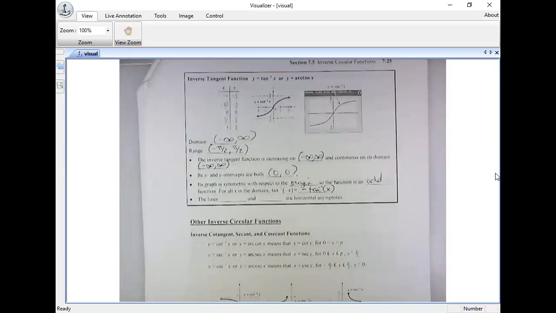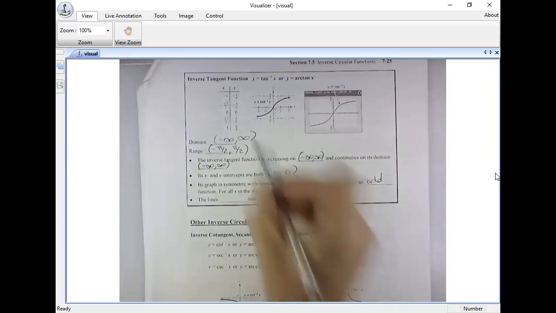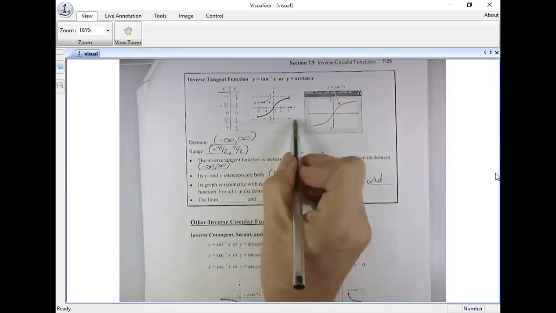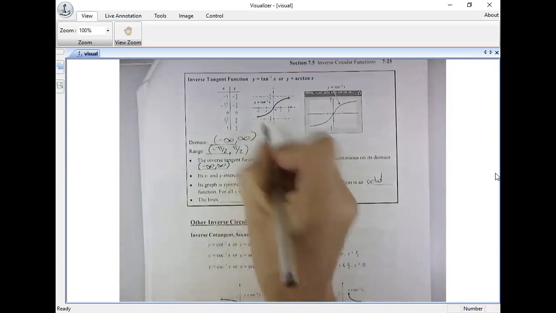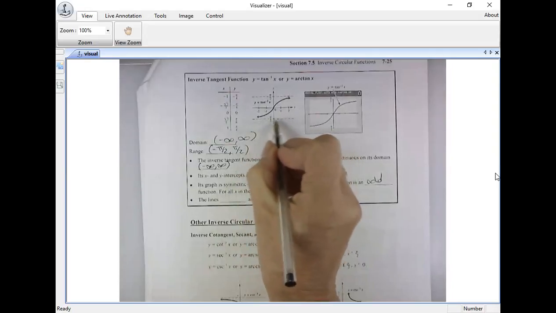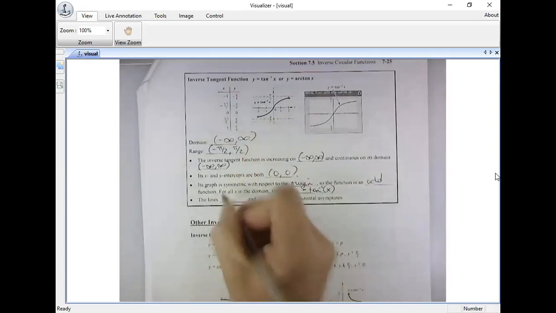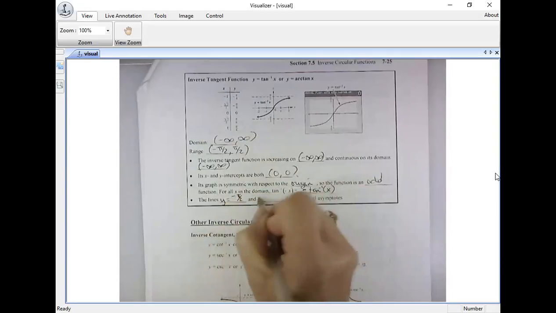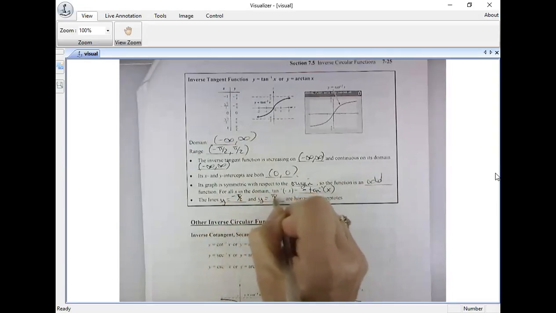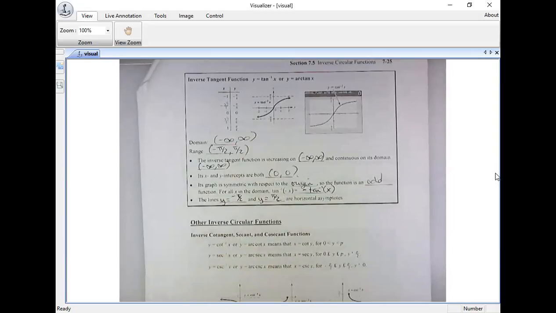And we have horizontal asymptotes. Where do they occur? What would this line be? And because it's a line, do I use an x equals or a y equals? Which axis does it cross? It crosses y. So this is y equals negative pi over 2 and y equals positive pi over 2. Those are my horizontal asymptotes.